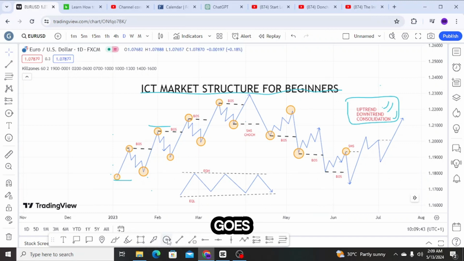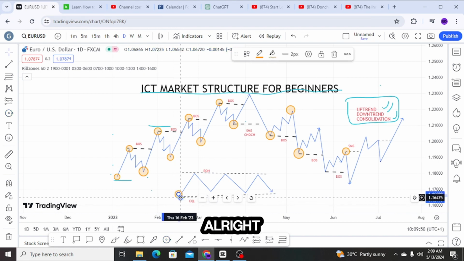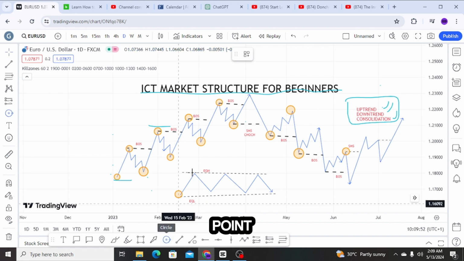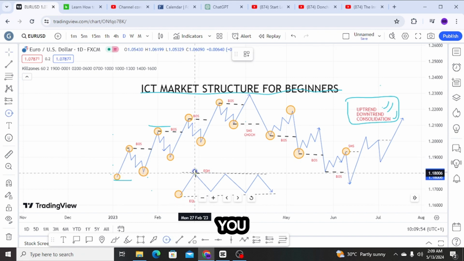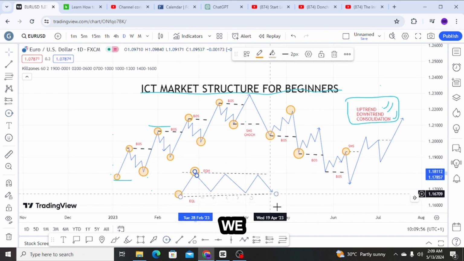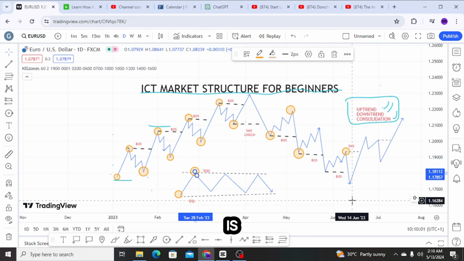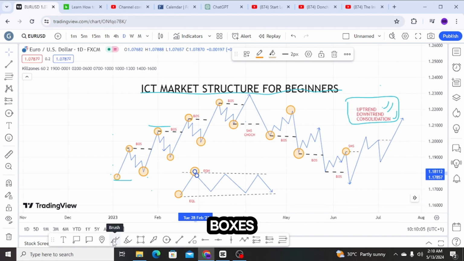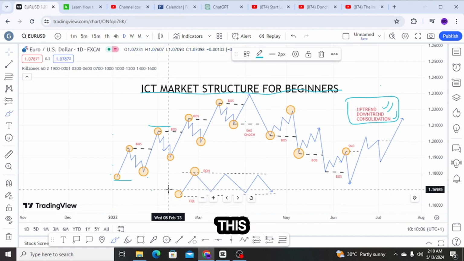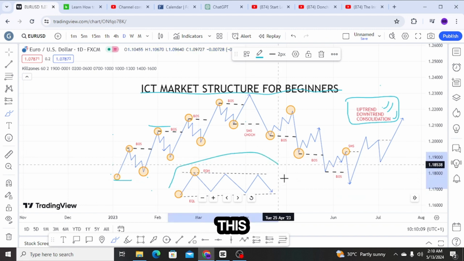It goes from this point A, somewhere here, and moves to point B up here. Do you see? That's what we call consolidation. It doesn't really have a specific place it's moving. It's kind of being boxed in a space, something like this.